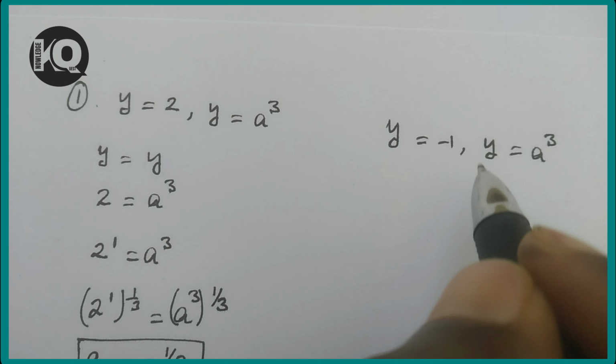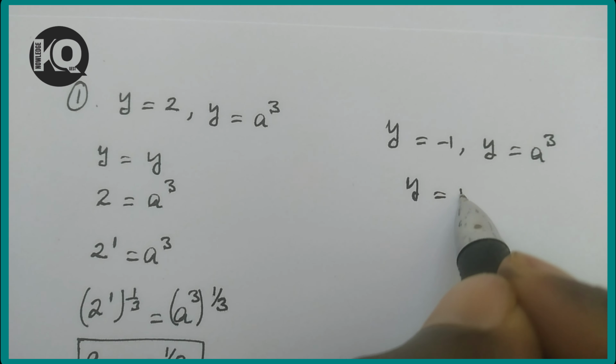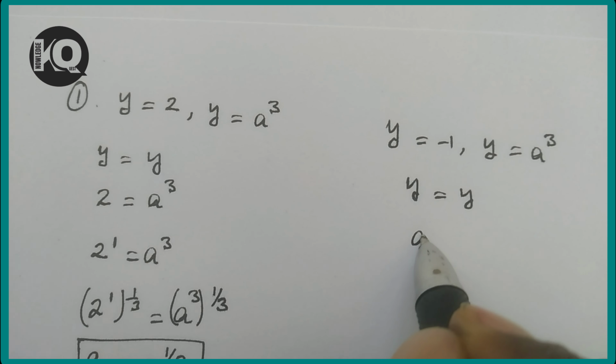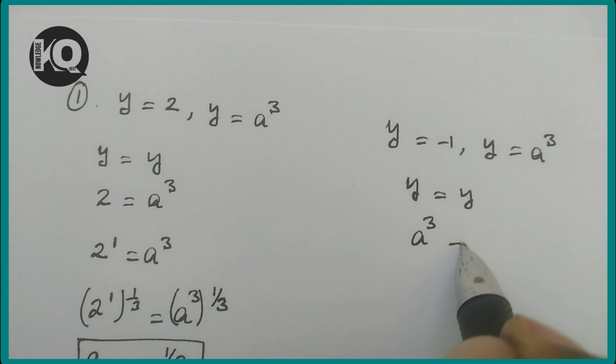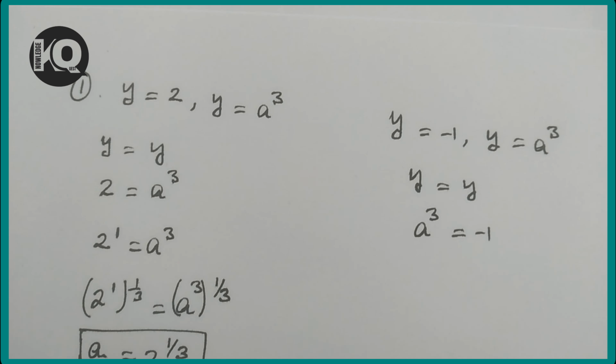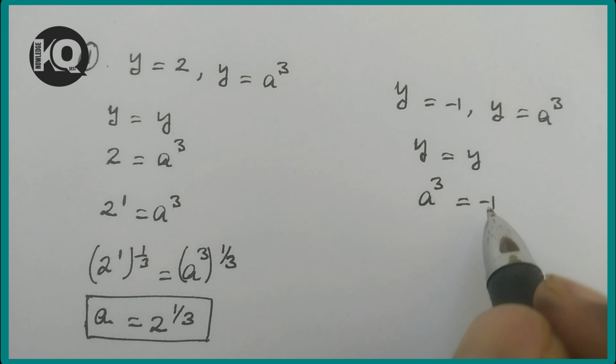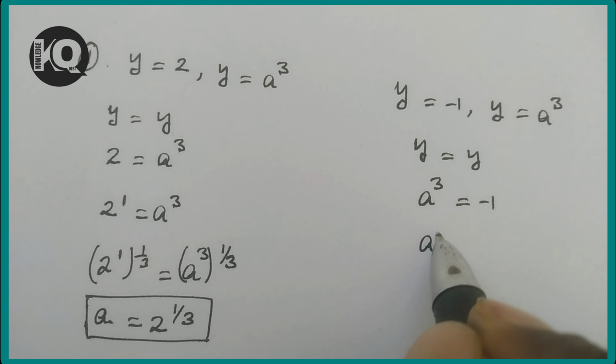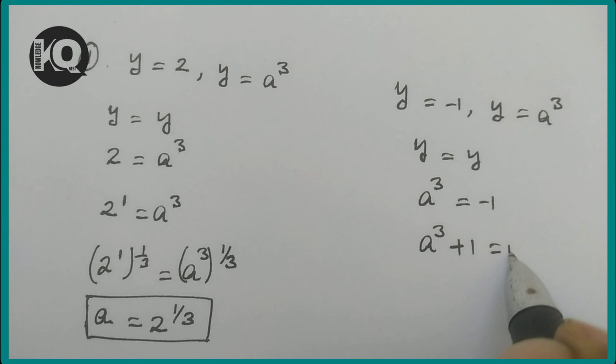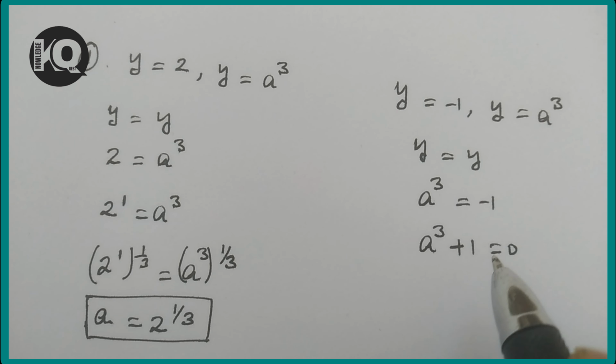So let's equate y, which is equal to y, to a to the power of 3, which is equal to minus 1. So bringing this minus 1 to the left hand side, a to the power of 3 plus 1 is equal to 0.